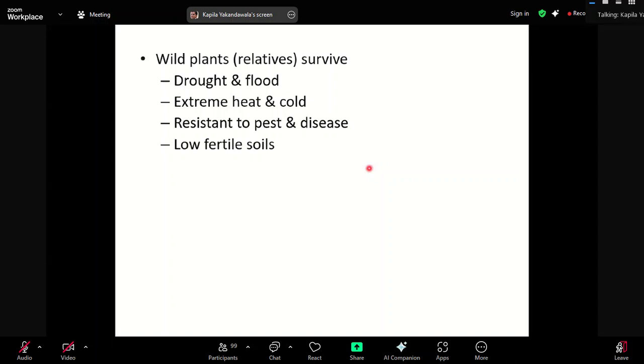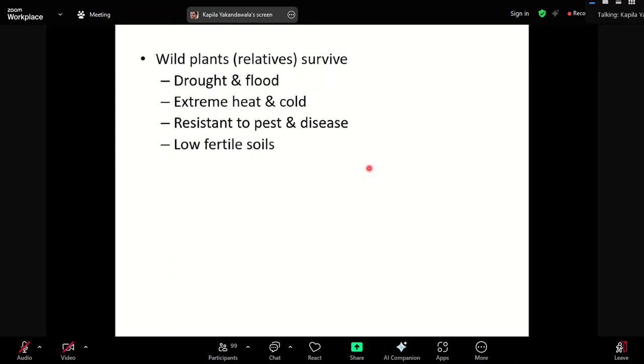But if you look at crop wild relatives or wild plants, they occur in the wild. So they are resistant to drought, resistant to flood conditions. They can survive under extreme heat, drought, extreme cold conditions, depending on the place. Then they are resistant to pests and diseases.